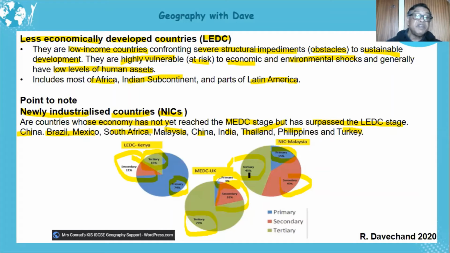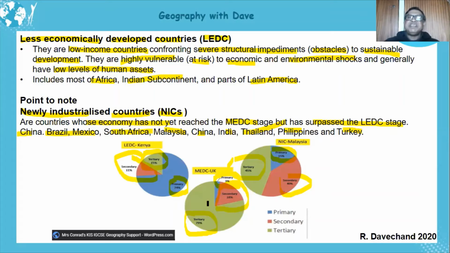The tertiary activities have come up. It's not as low as Kenya, but it's not as large as the United Kingdom. It's sort of in between, because they are now newly industrialized countries. They're moving forward, they're developing, and in the future they may most probably reach the United Kingdom.